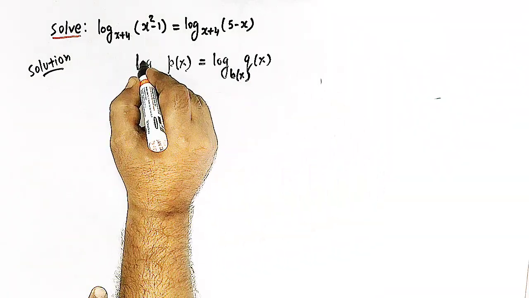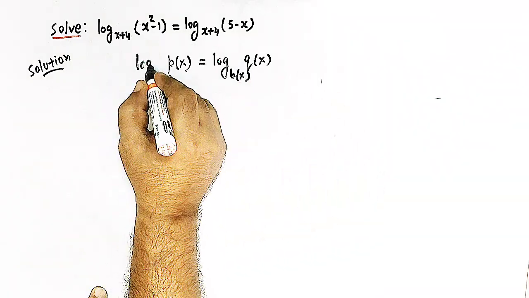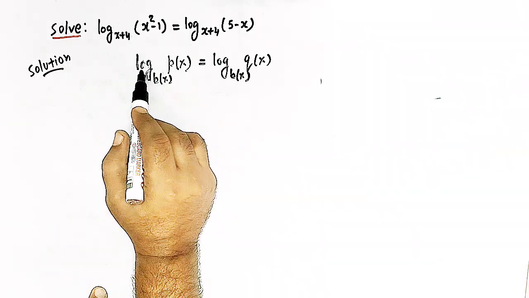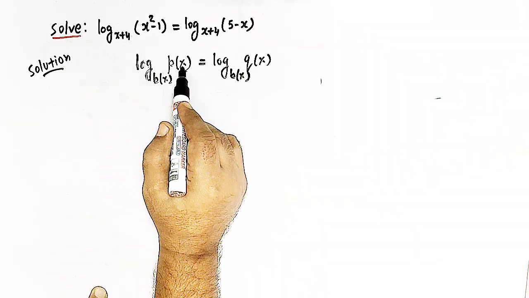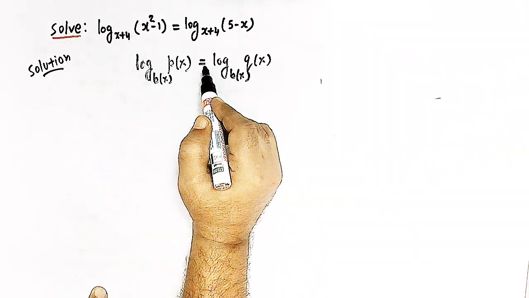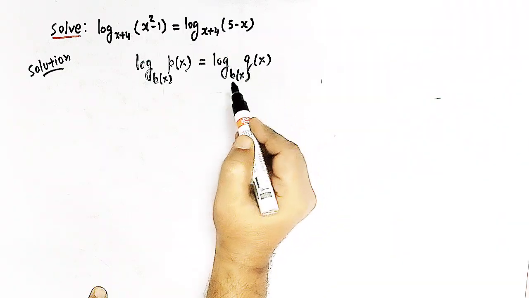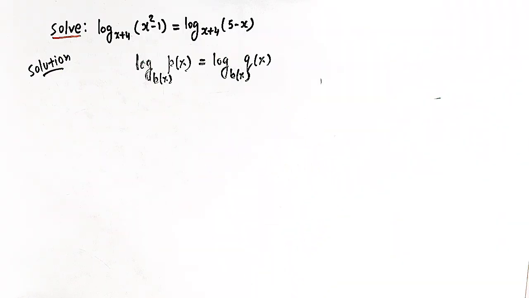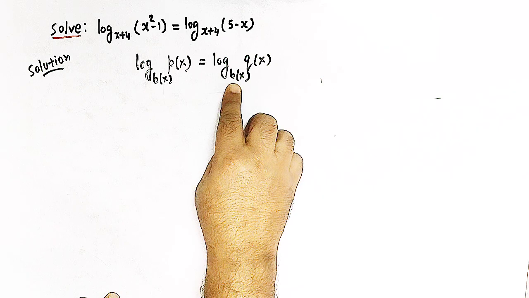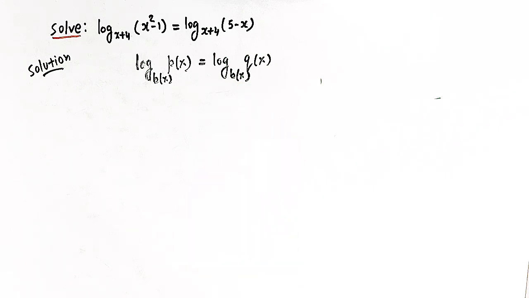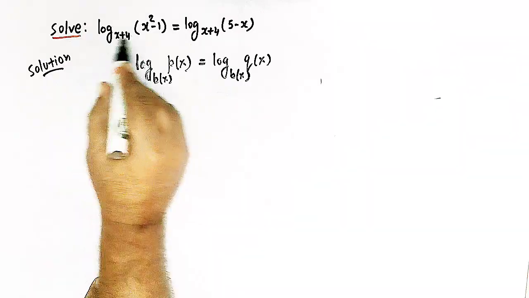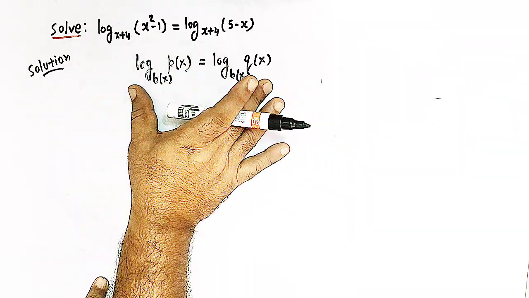So first consider the general case here, where p of x, q of x and b of x are some functions of x, right? So this equation is of this form.